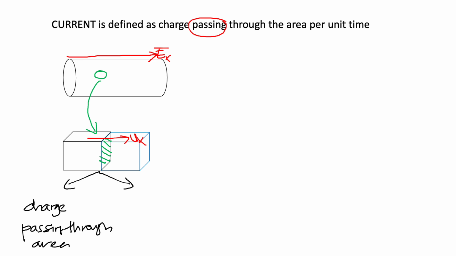The second one is the time taken for the charge to move from here to here. Now, the mathematical representation of I can be written as I equals dq over dt.